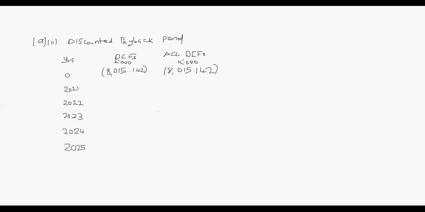So these are the figures we are going to bring down here. Number one, year 2021, we have 1942.556. In 2022, we have 1831.119.